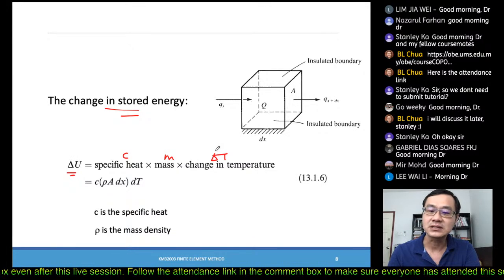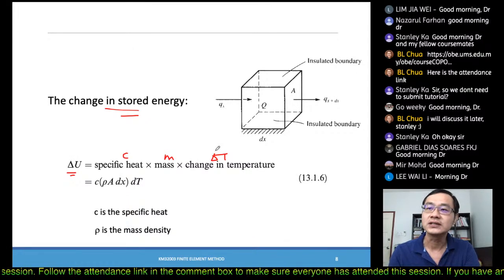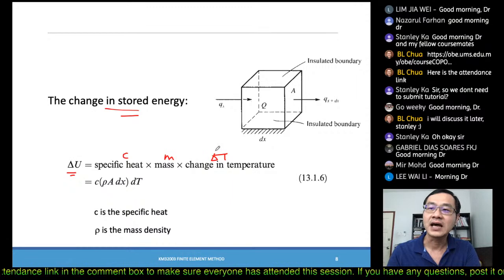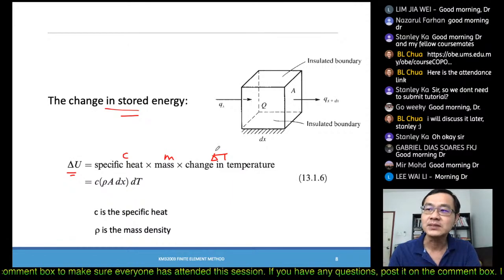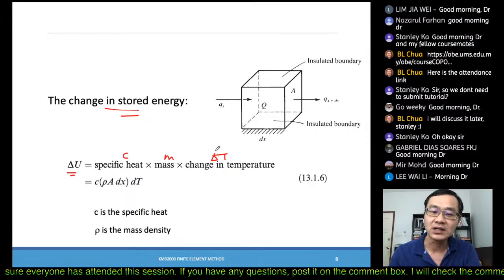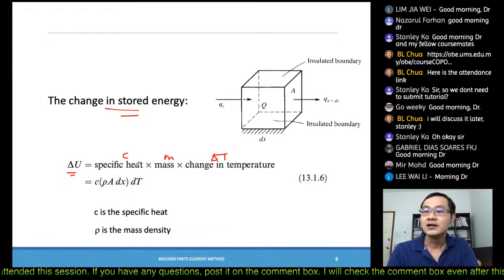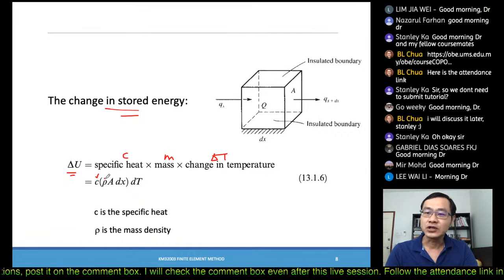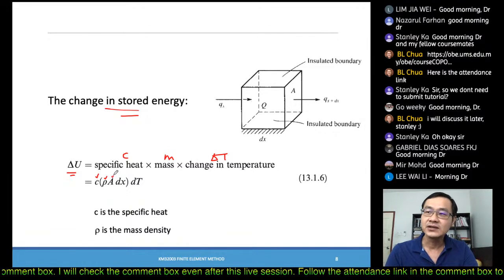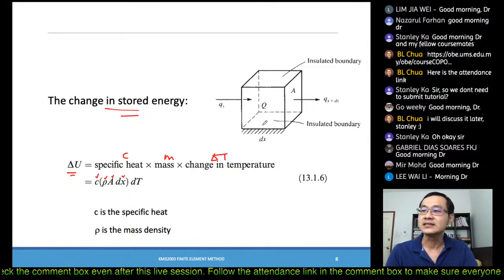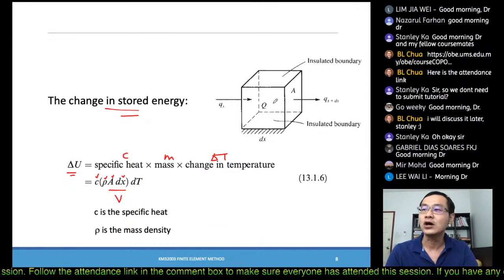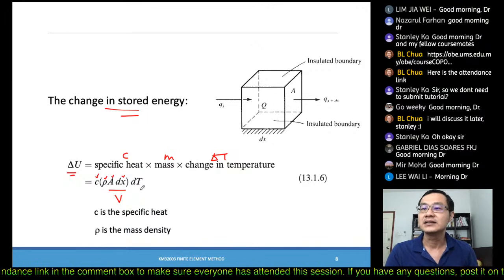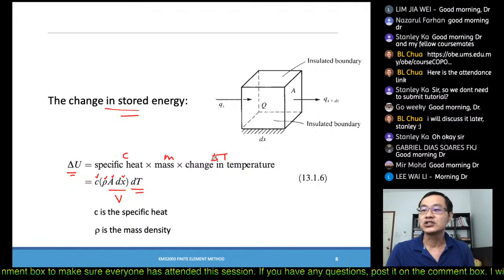It is the amount of energy stored in the object, or because we are talking about elements, the energy stored within the element itself. C and the mass, we can get based on the density multiplied by the area and the distance. This area multiplied by distance gives us the volume of the whole element, and dT, the change of temperature.